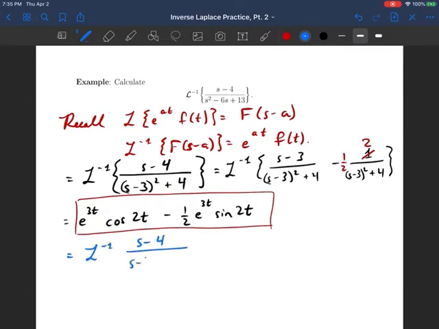There is a slightly different approach that we could take. I had the inverse Laplace transform of s minus 4 over s minus 3 squared plus 4.